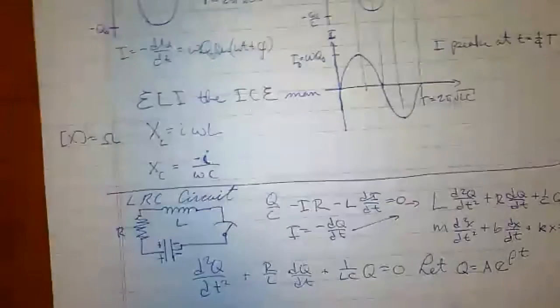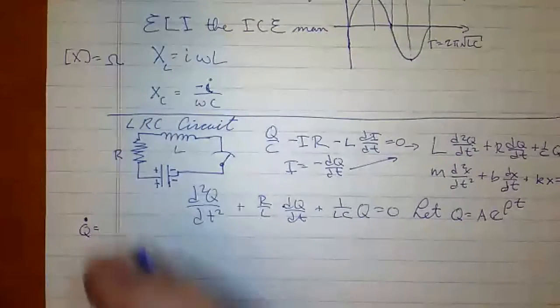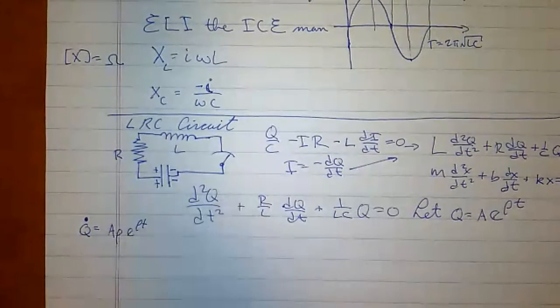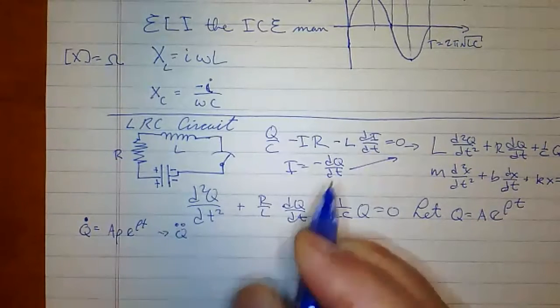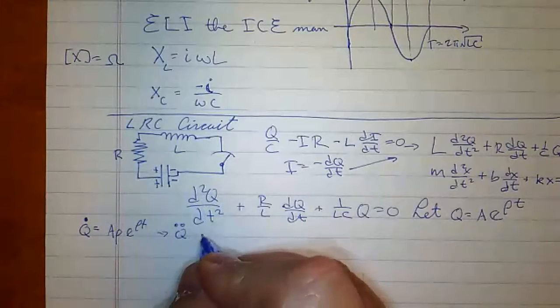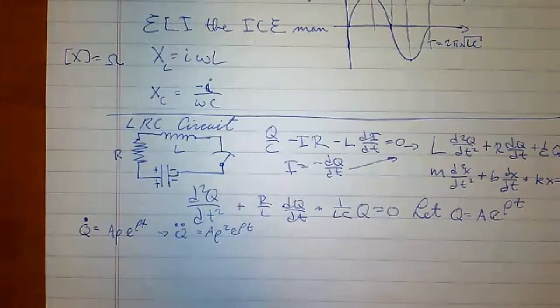So let's now take this and compute Q dot. Again, I'm trying to save some writing time. So Q dot is just going to be A rho e to the rho t. And then Q double dot, which is dq dt, in other words, the second derivative with respect to time, is just going to be A rho squared e to the rho t.